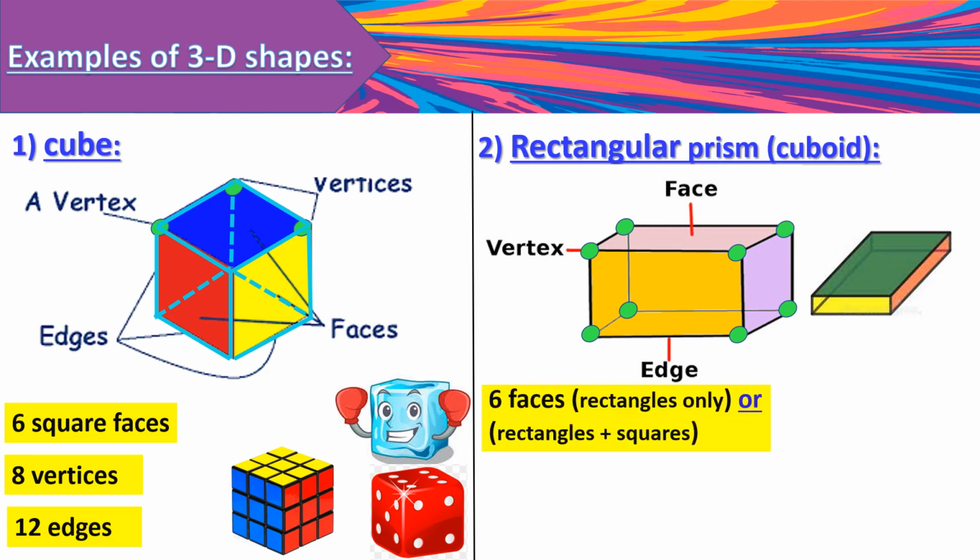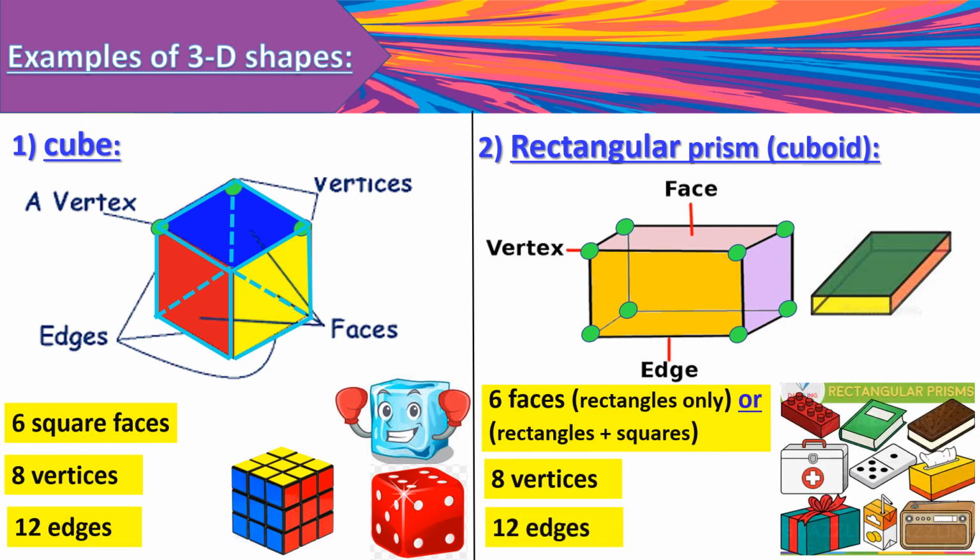So it has 6 faces, maybe rectangles only or rectangles plus squares, 8 vertices, and 12 edges. We have rectangular prisms in real life, like our book, maybe our gift boxes, and maybe the bottle of juice or pack of juice.